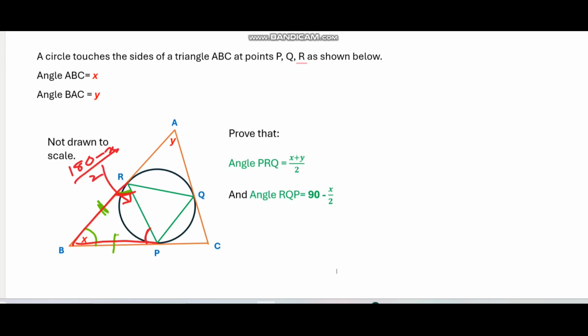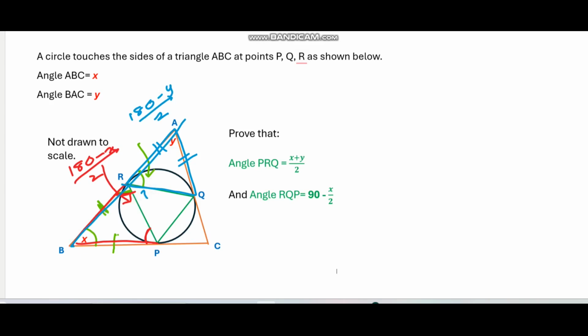Okay, and similarly this angle here, because this is equal to this, this becomes another isosceles triangle. Therefore, similarly, that angle is (180 minus y) over 2. So let's take this straight line.